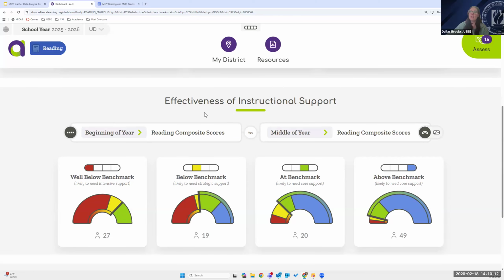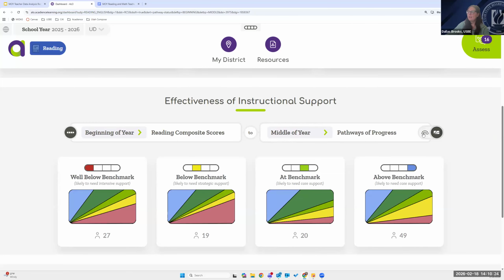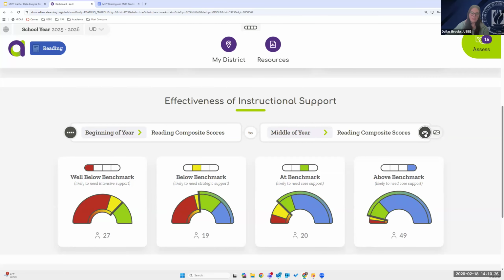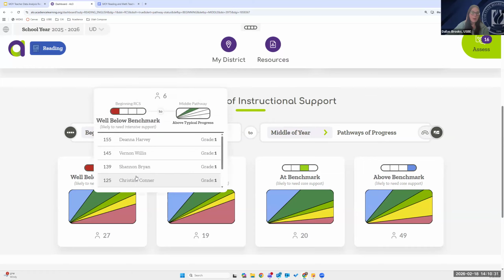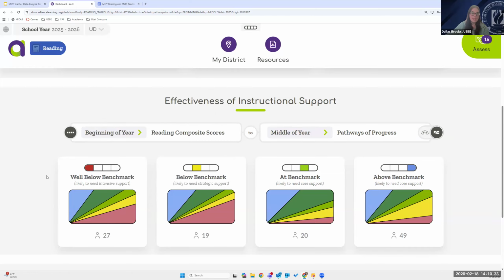So again, we're going to scroll down to that effectiveness of instructional support. So we're looking at that exact same report that you were looking at before. The only difference here is right on the side, I'm going to toggle to my pathways of progress rather than my rainbow view. And once I click that, it'll take it to my pathways and show me what pathways each of my students are making.